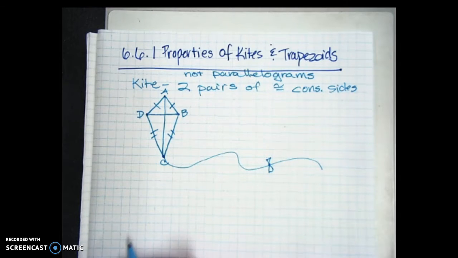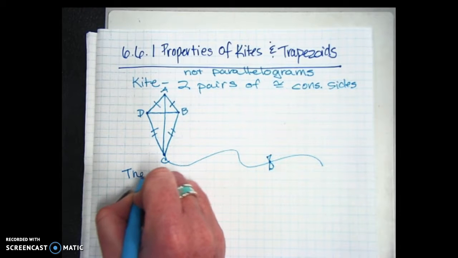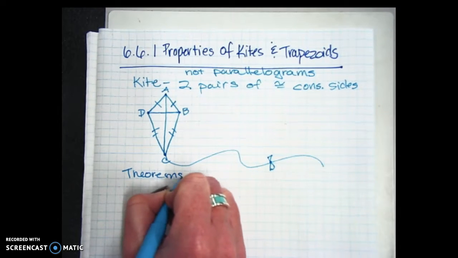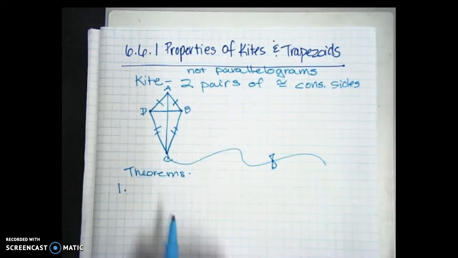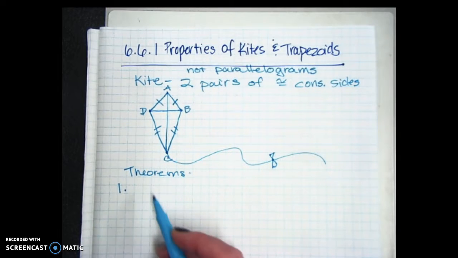So there are two theorems about kites. The first one, let me read it to you word for word. If you look it up in the book, it's going to say, if a quadrilateral is a kite, then its diagonals are perpendicular. So the first theorem has to do with those diagonals that we just drew.